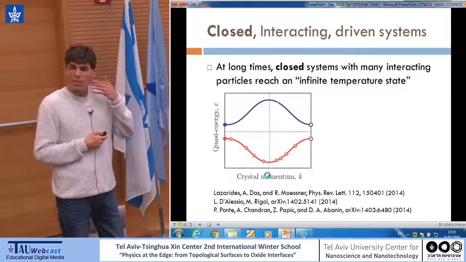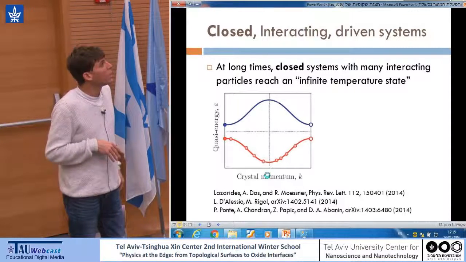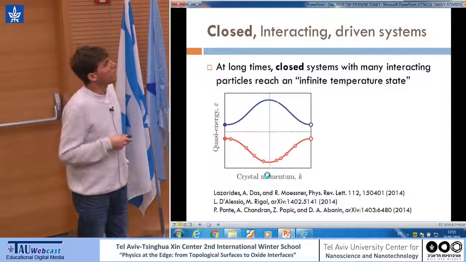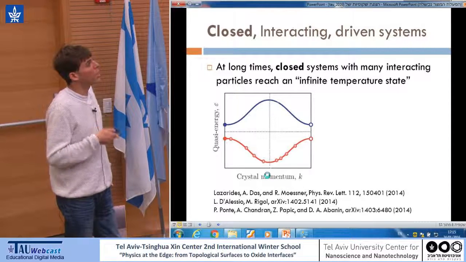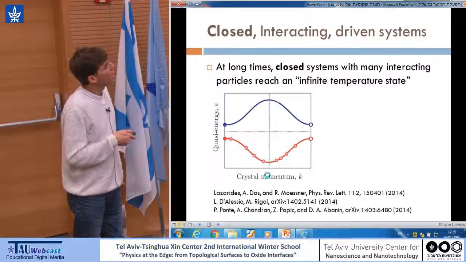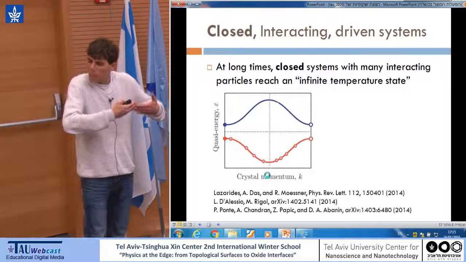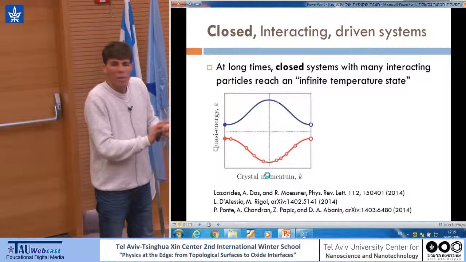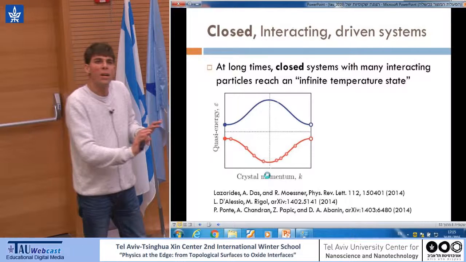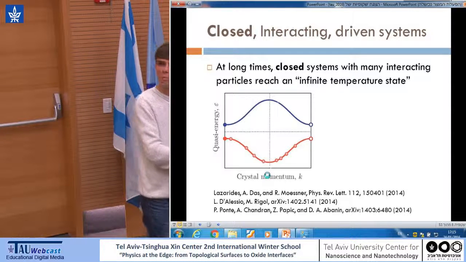If the system is interacting, but it's a closed system, so it's not connected to an external heat bath, at very long times, if the system is time dependent, I'm going to find the system in kind of an infinite temperature state. If I start with a pure state, I'll still remain with a pure state, but this pure state will be so random that basically any correlation function that I'm going to measure will look as if I'm measuring this correlation function in an infinite temperature state.